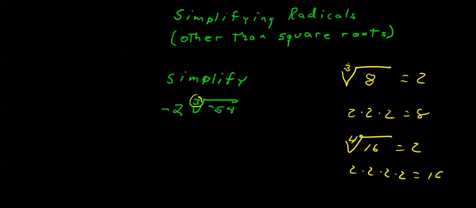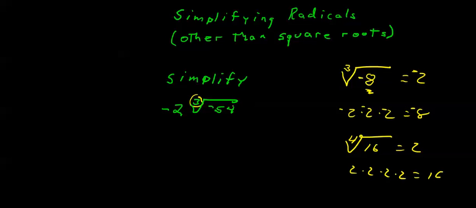This index here just is how many times you have to multiply a number together to get the radicand. Unlike square roots, if this is odd, we can have a negative because the cube root of -8 would be -2 because -2 times -2 times -2 is in fact -8.